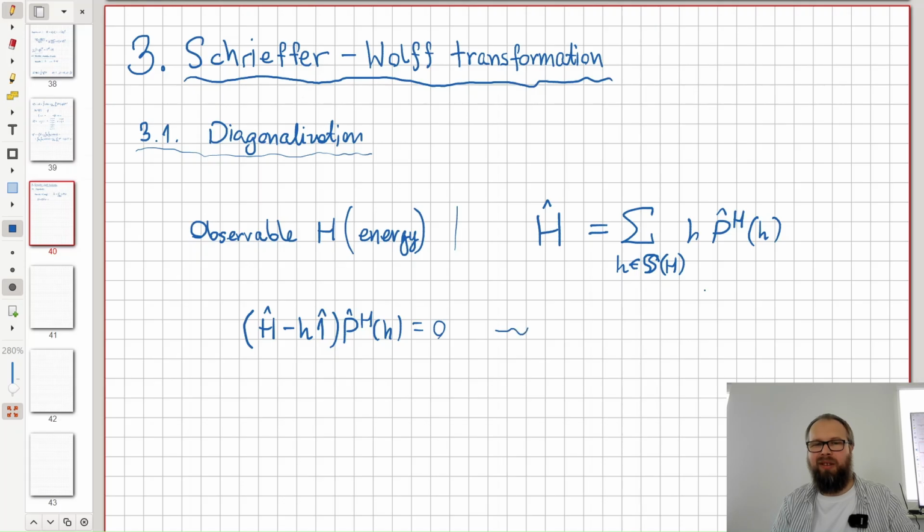We solved it. Trust me, we solved it. Because maybe the Hamiltonian is very simple.